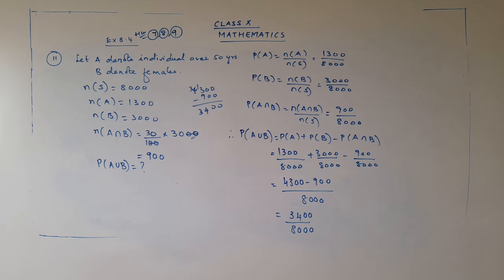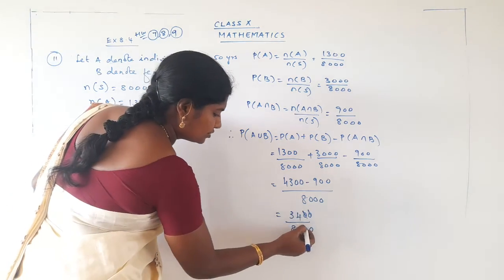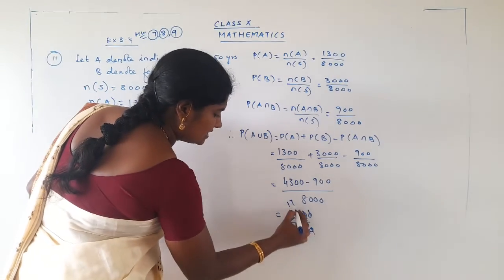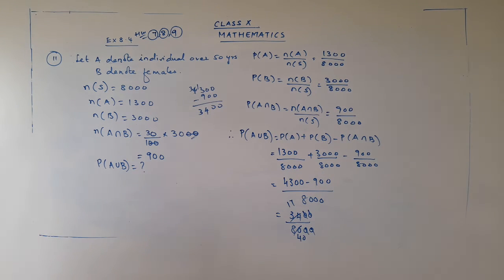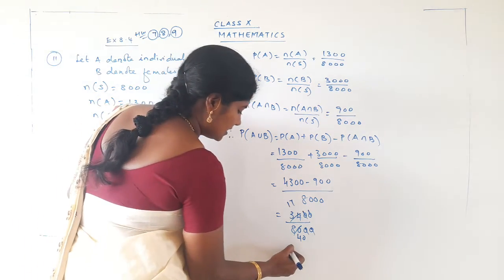Let's try to simplify it further. If I simplify, the 0, 0 and 0, 0 get cancelled. 2 17s are 34, 2 40s are 80. So we have found the answer for P of A union B as 17 upon 40. So just write down here the answer is equal to 17 upon 40.